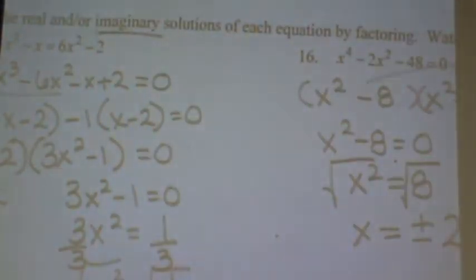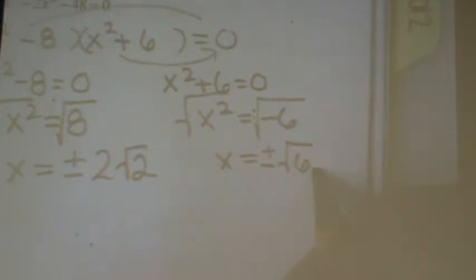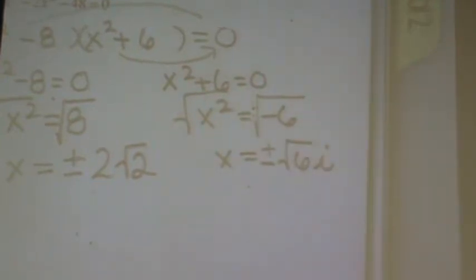And we're going to use i, because it says find the imaginary ones. These are imaginary, I already know. If the question said find the real solutions, you would stop here. After you look at this and say, oh, we have a negative under the radical, you would stop here. But the directions are now including imaginary, so it's plus or minus root 6i. These are your 4, circle them, these are your 4 answers.